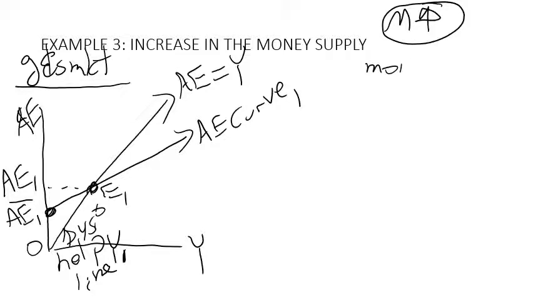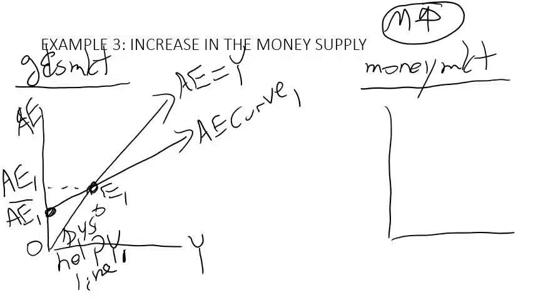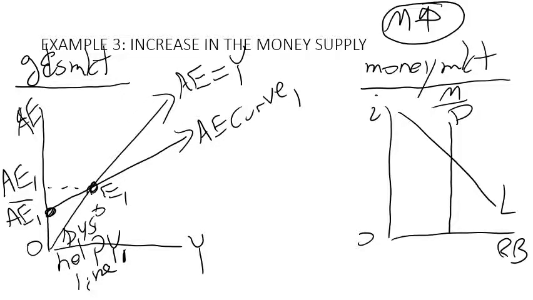Over in the money market, we have interest rate, real balances, M over P, that is the real money supply. L, that's money demand, equilibrium. This is the equilibrium interest rate, and this is the equilibrium level of real balances.